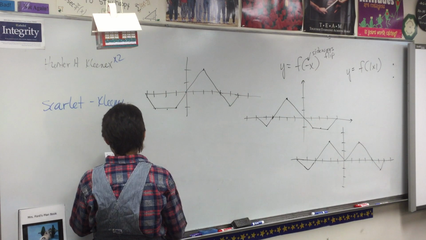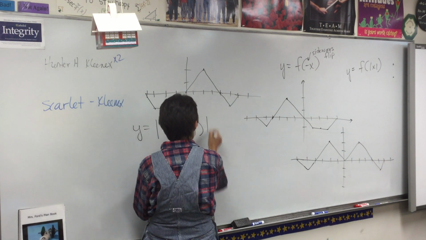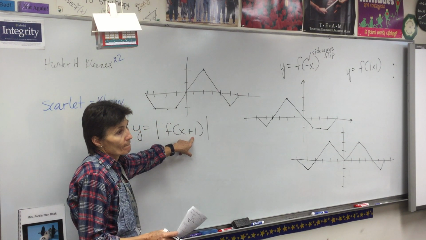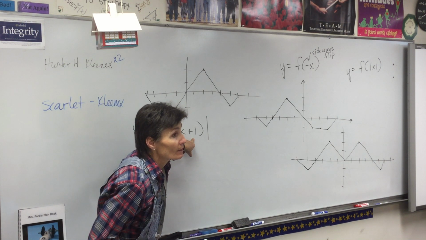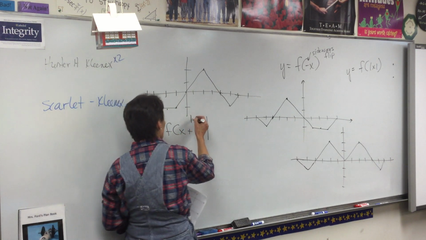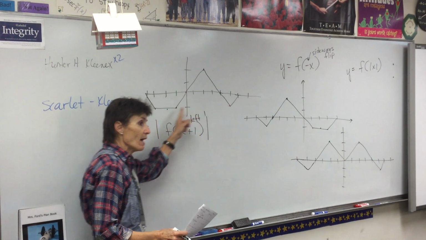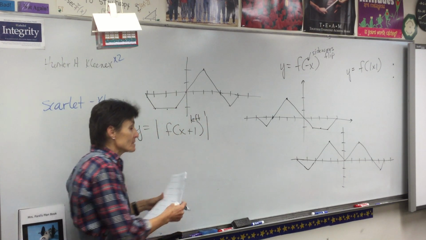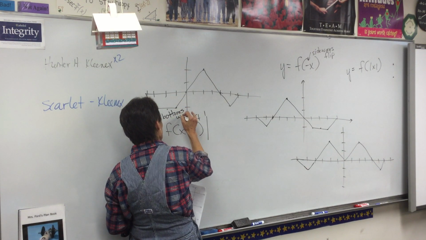What are they, Mamuna? What is happening in problem 9? What is this going to do? Shift it which way? Left 1. Yep, this is going to go left 1. And then what does the absolute value on the whole problem do? Bottoms up. That's right. So we're going to move it and flip it up.